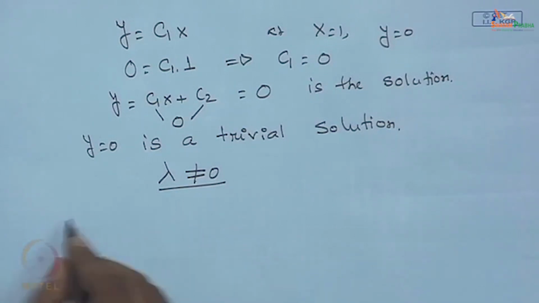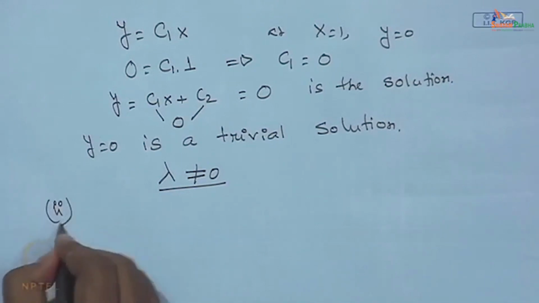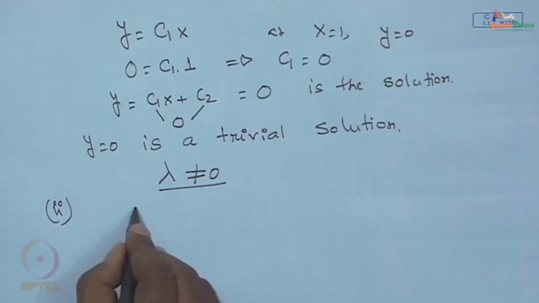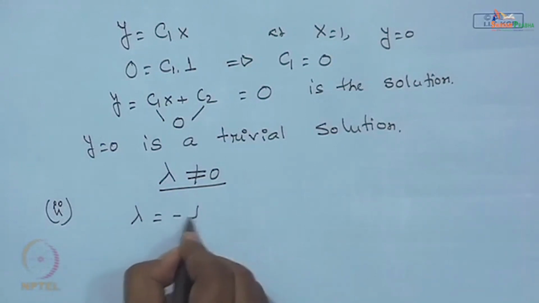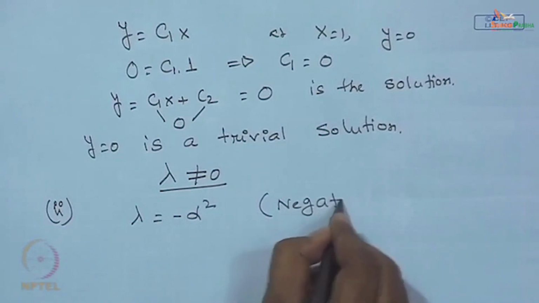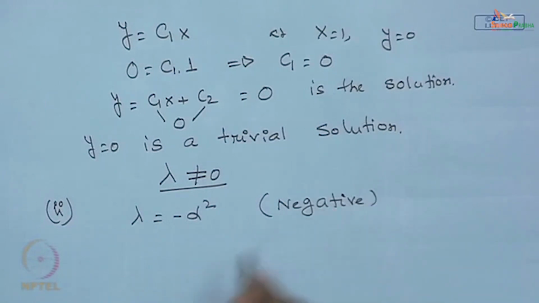Let us look into the second option. The second option is lambda is negative. So, lambda is equal to minus alpha square. Now, let us see what is the form of our differential equation under this condition of lambda.